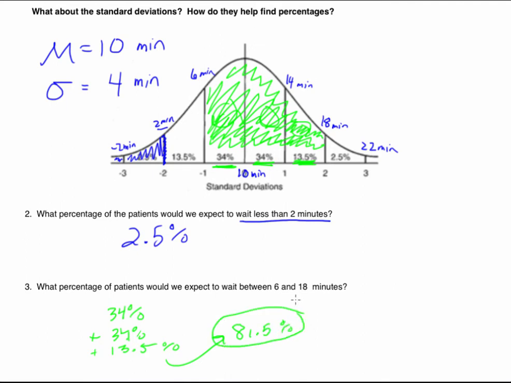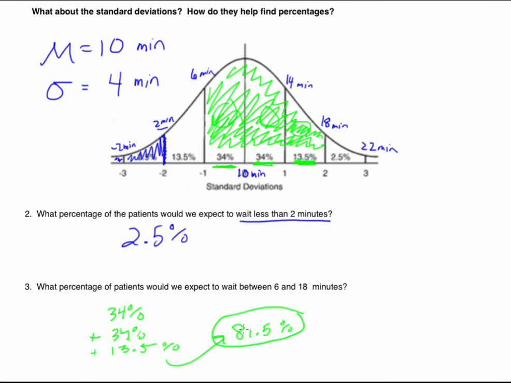So in this first problem, again, we were looking for the wait time less than 2 minutes, so I labeled 2 minutes, and I want less than that, so I shaded to the left. In this problem, what percentage of patients would we expect to wait between 6 and 18? I found 6, I found 18, I shaded in the middle, and I added those sectors. Now here's the tricky part.